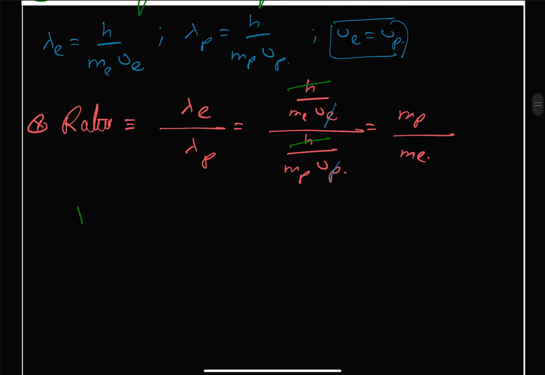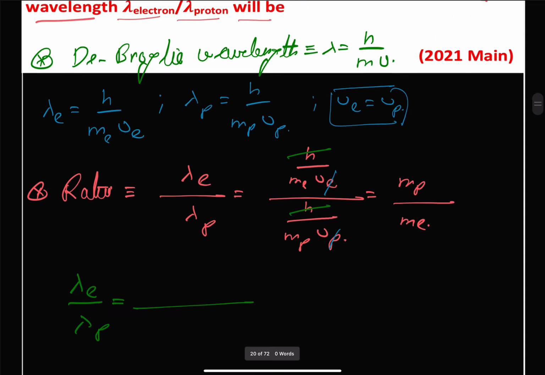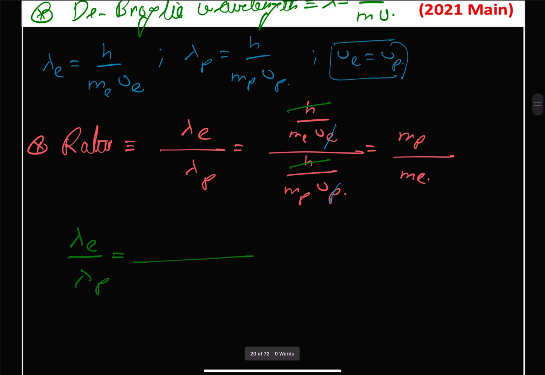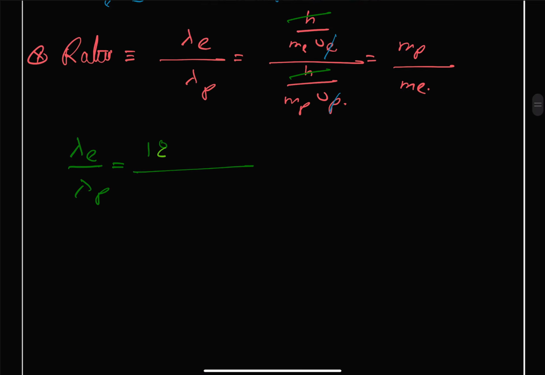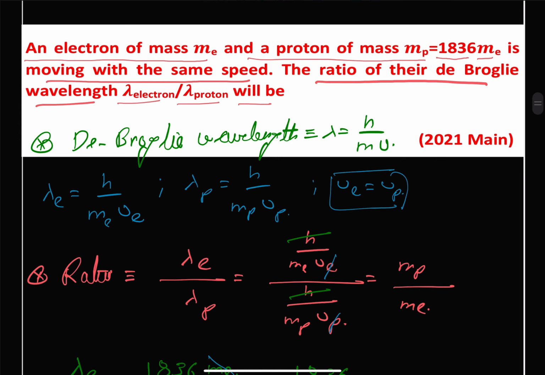Therefore lambda E upon lambda P is equal to mass of proton, which is given as 1836 times mass of electron, and the mass of electron cancels out, so the ratio comes as 1836.